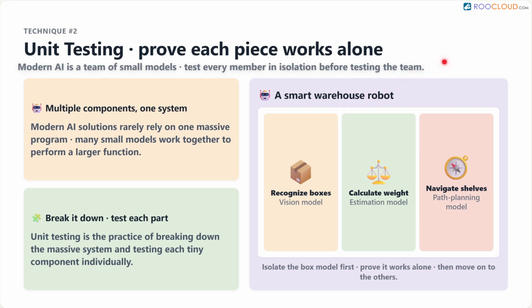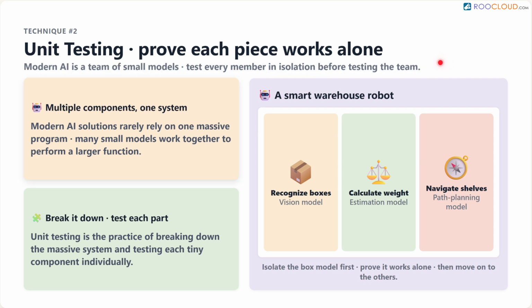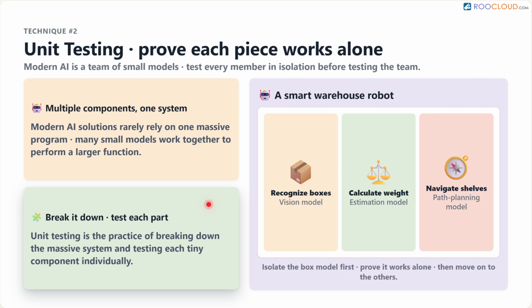Our next topics are unit testing and integration testing, which are closely related but serve distinct purposes. Let us tackle unit testing first. Modern technological solutions rarely rely on a single, massive program. Instead, they leverage multiple individual components and models working together to perform a larger function. Unit testing is the practice of breaking down this massive system and testing each tiny component individually.